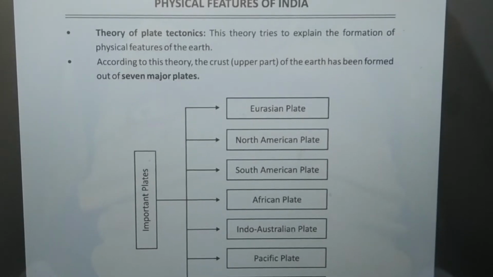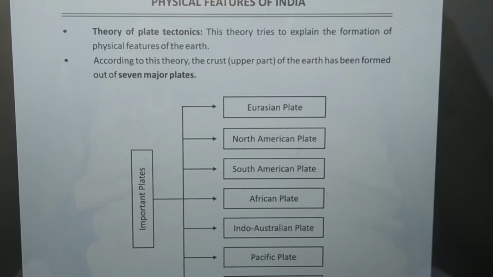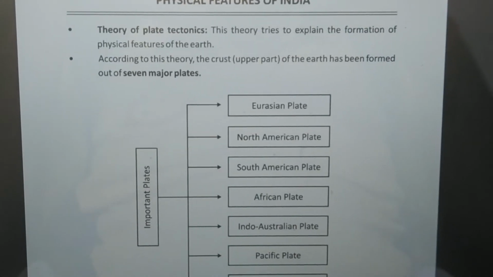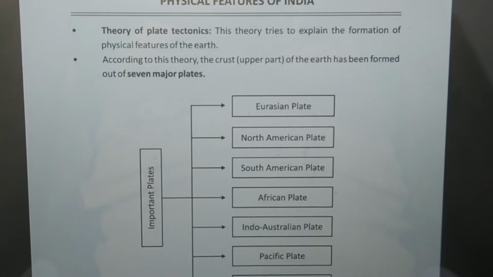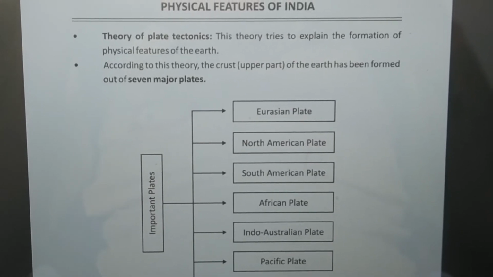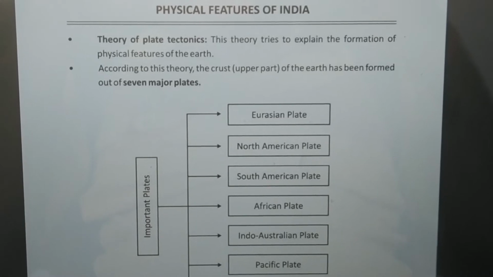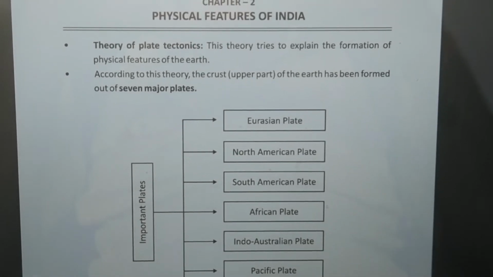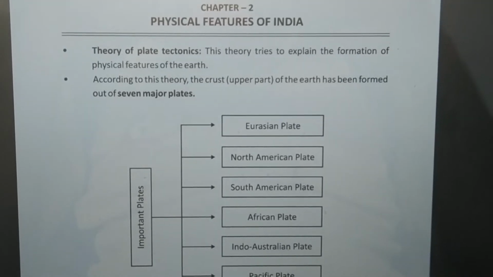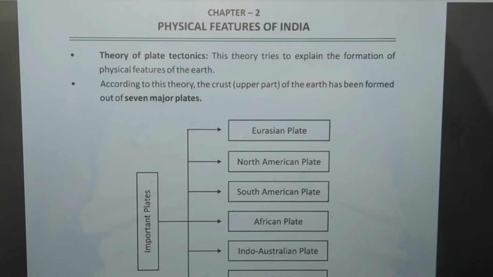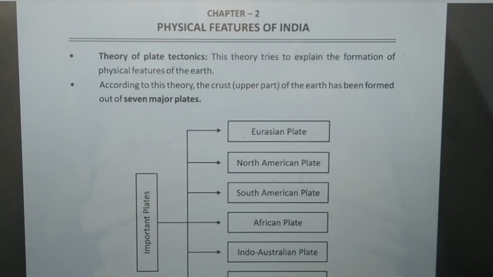As you know, the earth's center is very hot, and the lava tries to come out through the earth's crust. Due to this, the plates are continuously moving from one place to another. So as per this theory, the various plates move from one place to another, or they separate from one another. That we are going to see in detail.